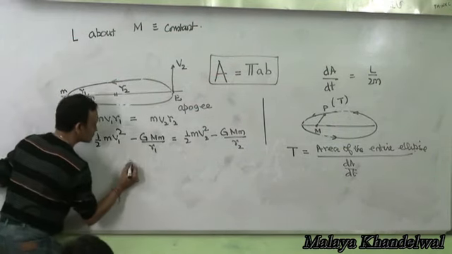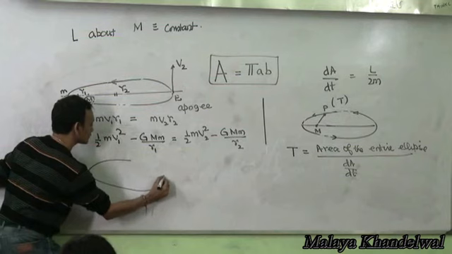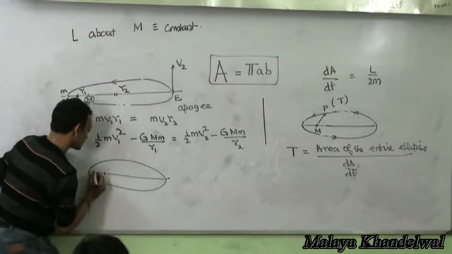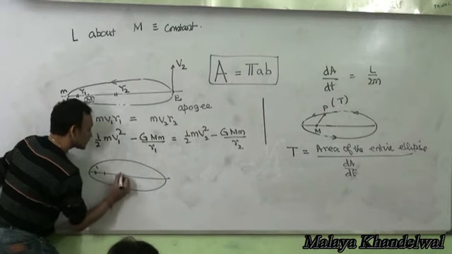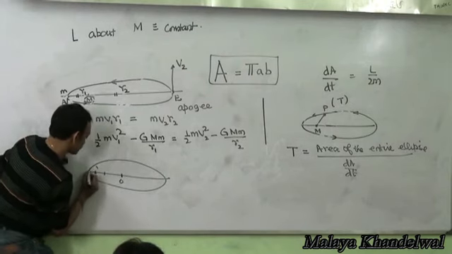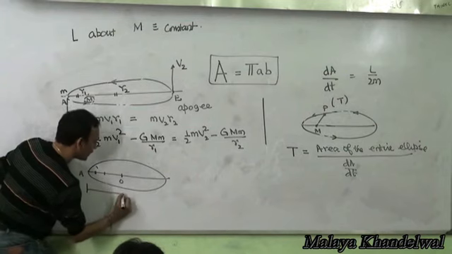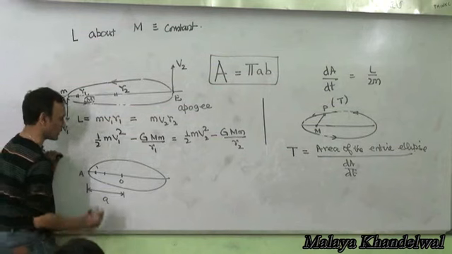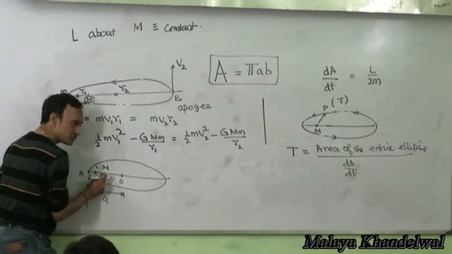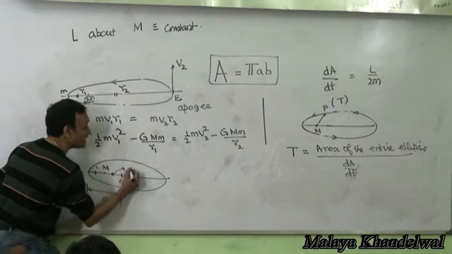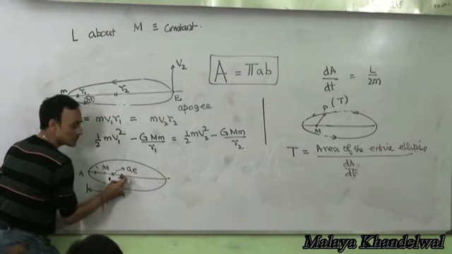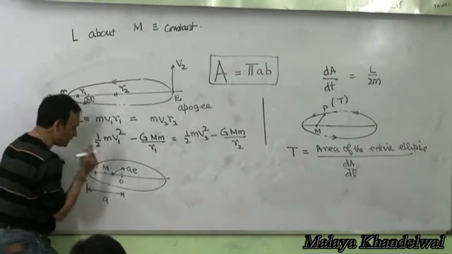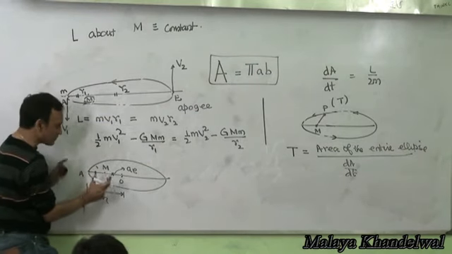One thing. If this is O, this is A, then OA is the semi-major axis, like I said, small a. And this is where one of the foci is, that means this length is AE, like I said, the distance from the midpoint of the major axis to each focus would be AE, and this is R1.